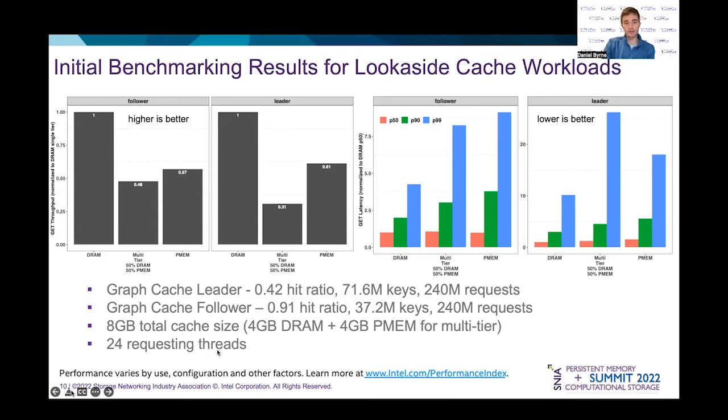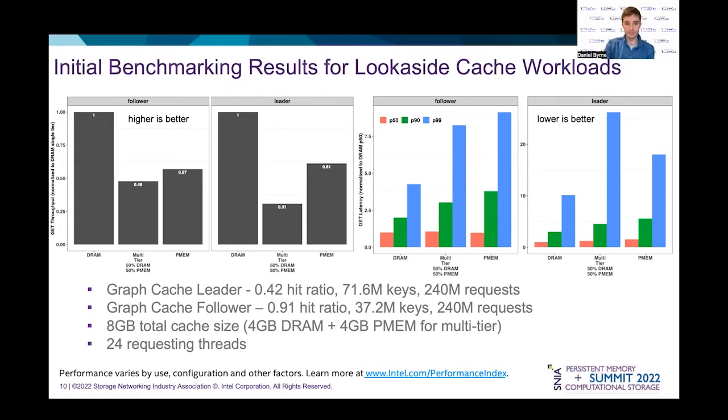And our leader workload has 0.42 hit ratio. So on every cache miss, we issue an allocate to that item so that on future reference to that item, it becomes a cache hit. So the lower the hit ratio, the more allocations there are.